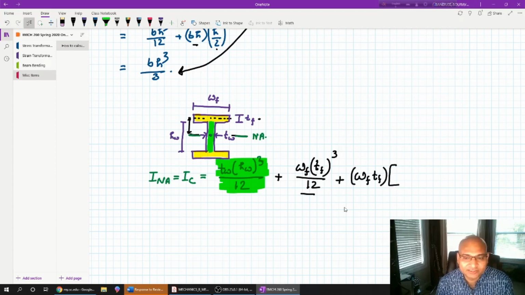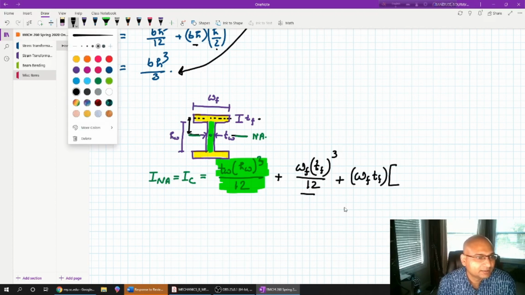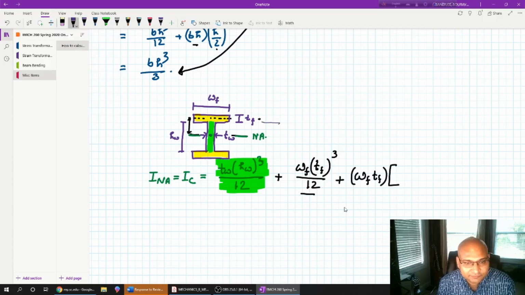And D square, what is D square here? The D square is the half of the HW. I can clearly see from here. Let me take a different color. I can clearly see from here to here, this is HW by 2, right? And half of it also is TW by 2.